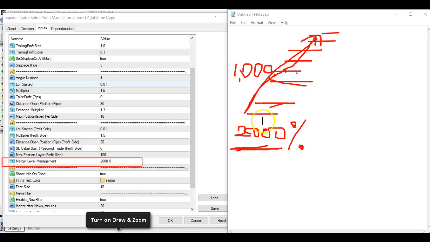Okay, and you keep going up and opening new layers with the multiplier, and then more position layers have been opened, so the margin level goes down. The moment your account is below 2000%, lower than this, all these trades will hang up.